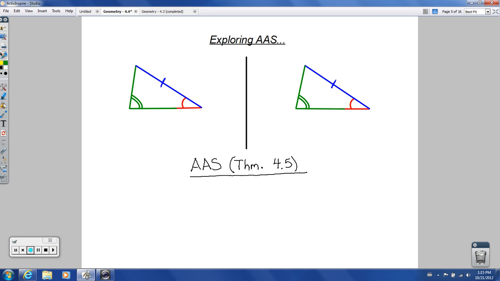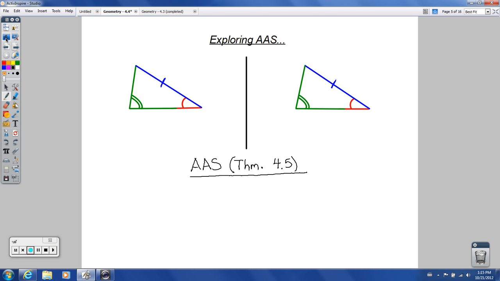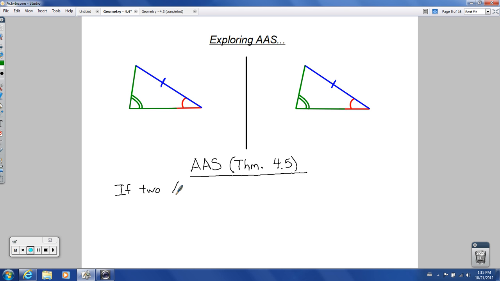Well, it's very similar to what we just said over here, but now it's if two angles and the non-included side of one triangle are congruent to two angles and the non-included side. So let's just write that down. If two angles and, or I should probably even say, a non-included side, because there's actually two. This one and this one are not included.